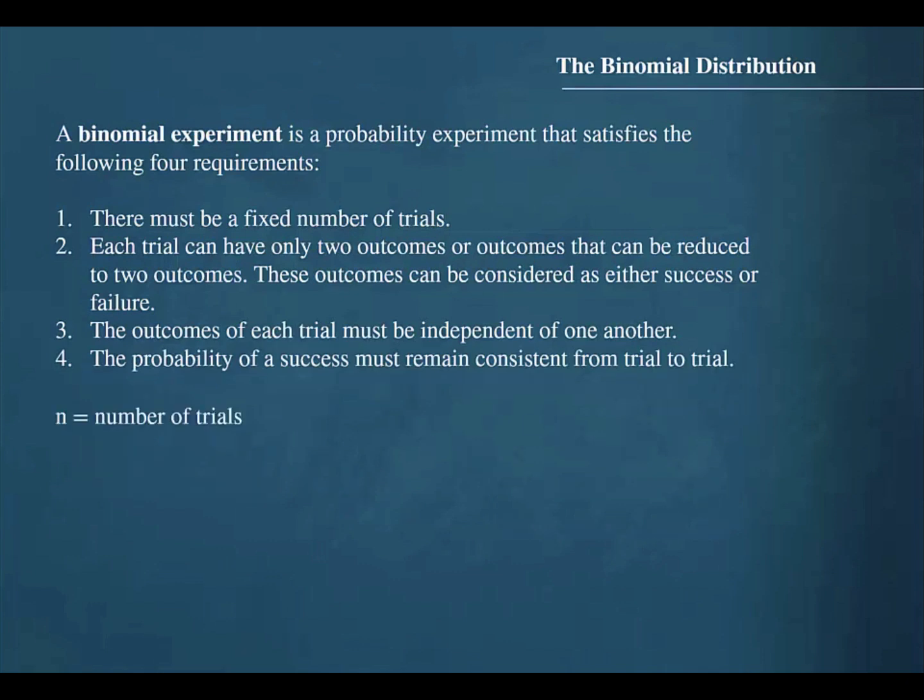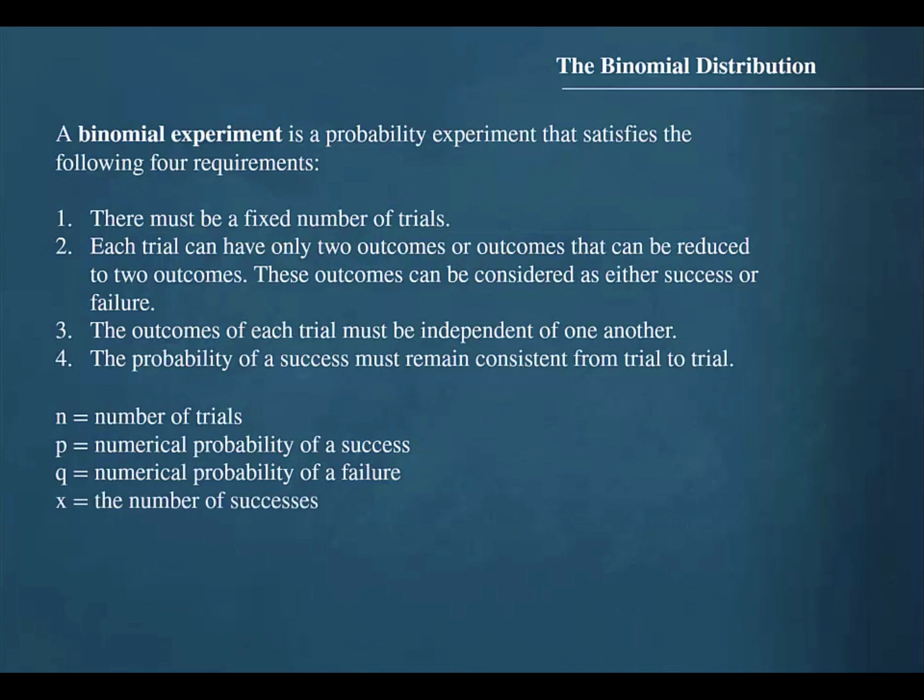We will let n represent the number of trials. p will represent the numerical probability of a success. q will represent the numerical probability of a failure, which is also the complement of p. x will represent the number of successes.